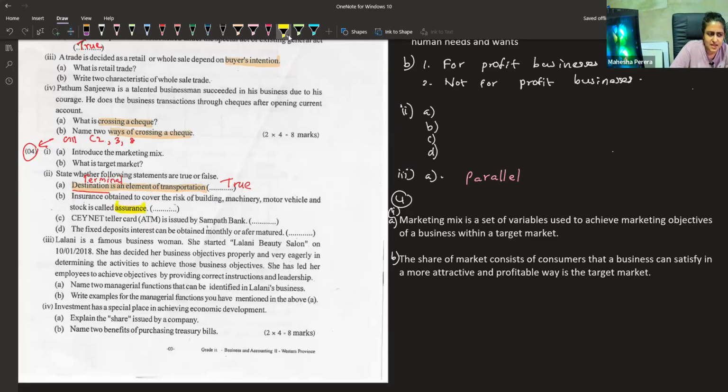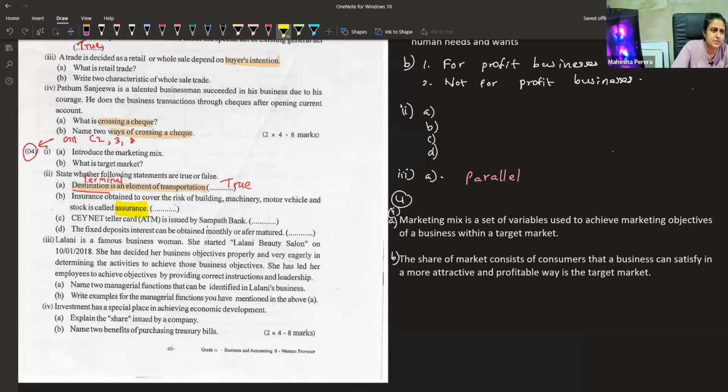That's why I always ask you to do papers as much as possible. Learn this word. First, try and answer. Sonali says false. Others, what do you say? Again, insurance obtained to cover the risk of building, machinery, motor vehicles and stock is called this.